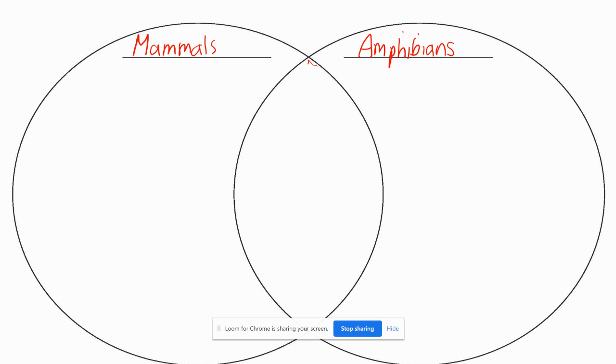Something that I remember learning from one of the zookeepers in our virtual excursion was that amphibians are cold-blooded animals. So I'm going to write that here, cold-blooded. Now, mammals are the opposite. Mammals are warm-blooded.